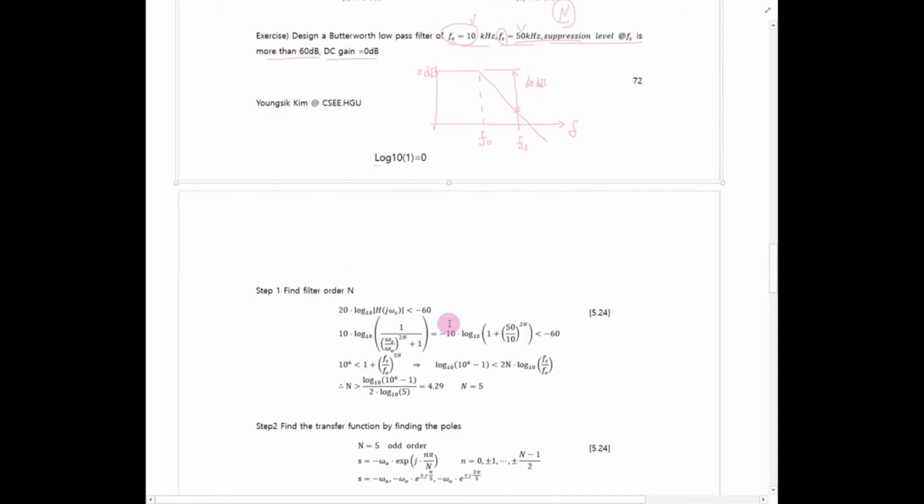So we need to design a filter that satisfies these conditions. The first step: we need to select the proper filter order, and we know the filter response is given like that. So omega s is given here, 2 pi times fs is omega s, and the corner frequency omega 0 is also given. We don't know n.